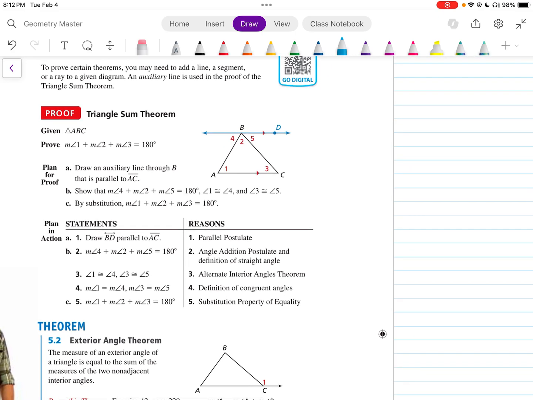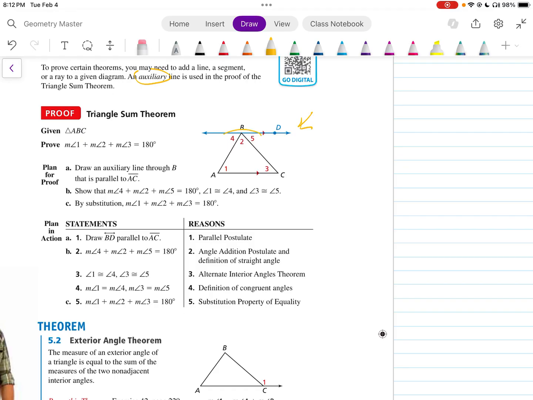Okay, so very often to prove certain theorems, you might need to add a line, a segment, or a ray. That's called an auxiliary line. Our auxiliary line is right here, line BD, and that gives us parallel lines cut by transversals.